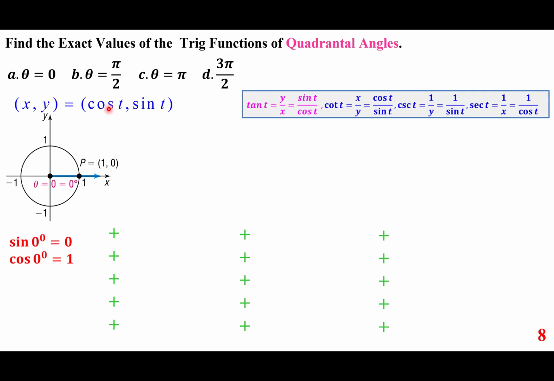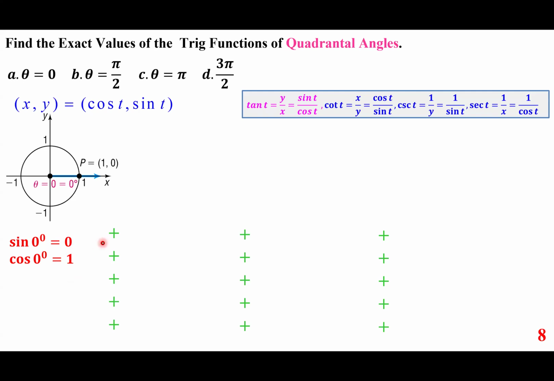So we're going to write sine of 0 is 0, cosine of 0 is 1. The best way to remember this is by remembering the unit circle and knowing that this point has coordinates 1, 0. Now, obviously, tangent would be sine over cosine, which becomes 0. Cotangent is the reciprocal of that, 1 over 0, which is undefined.